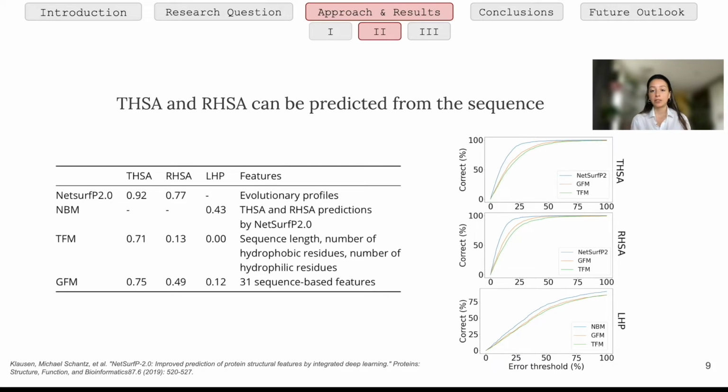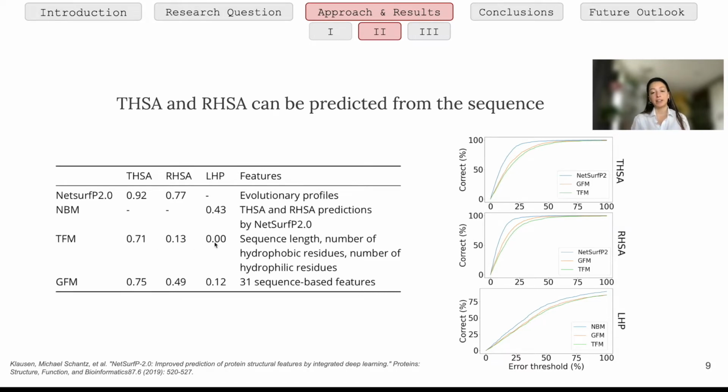To obtain the total hydrophobic surface area, we summed over the predicted accessible surface area for all hydrophobic residues. And in order to calculate the relative hydrophobic surface area, we summed over the predicted accessible surface area of all the residues and then divided the total hydrophobic surface area by this value.